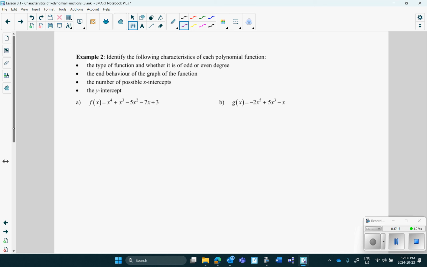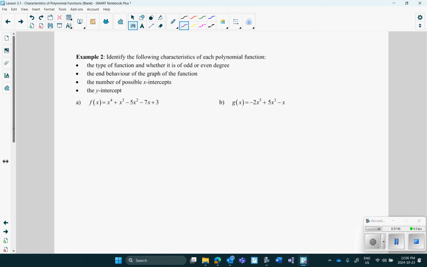That's basically everything that we've done in this lesson. So the first thing is we want the type of function that it is, whether it's odd or even. The end behavior. So what's happening on the left, up or down? What's happening on the right, up or down? The number of possible x-intercepts, the total, the maximum number. And whatever the y-intercept is.